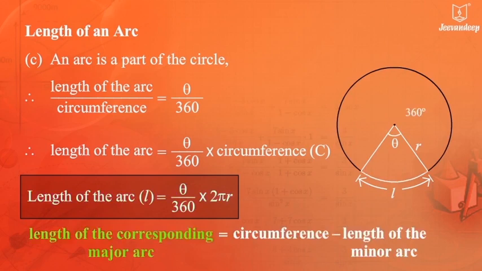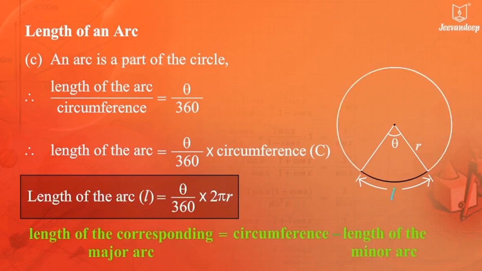Length of the corresponding major arc equals the difference between circumference and length of the minor arc.